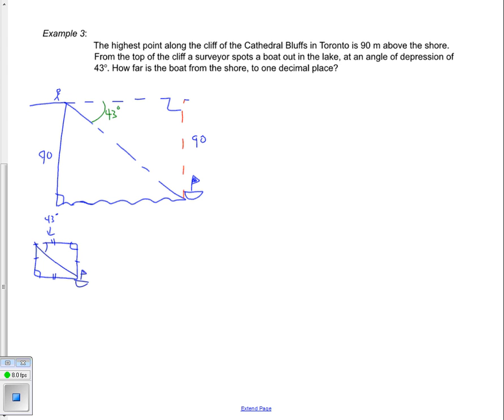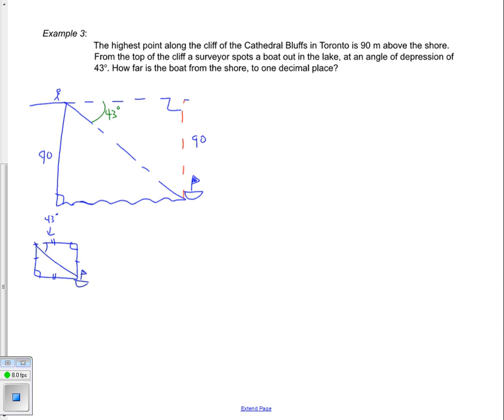If you remember back to grade 9, some of the conditions around parallel lines, the length of one side of a rectangle is the same as its opposite side length. So the cliffs are 90 meters tall. From the water to the top of the cliffs, if you were to draw a line straight up, as this red line is, that's also 90 meters.